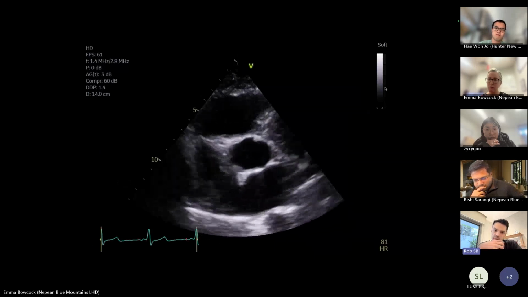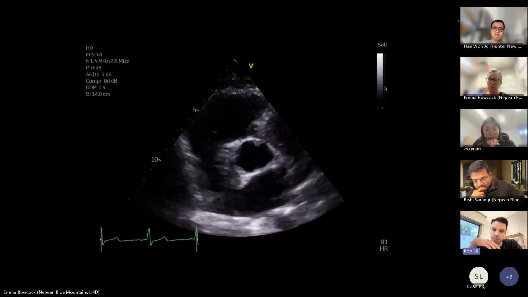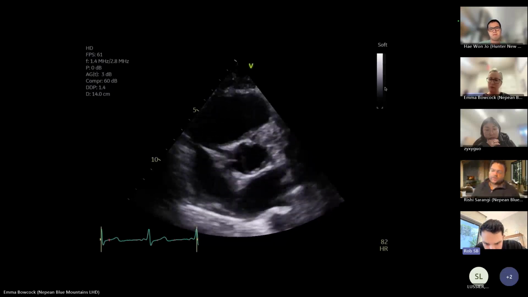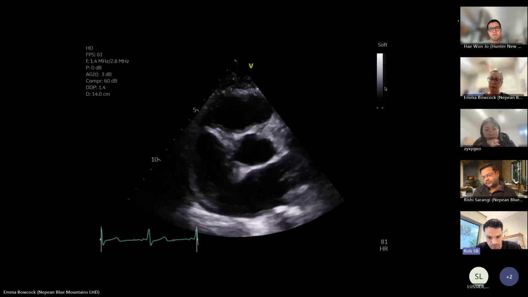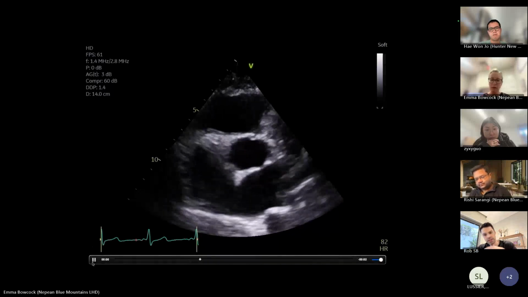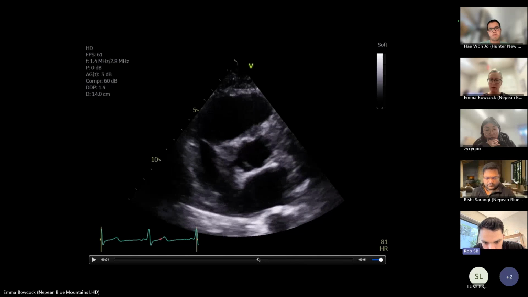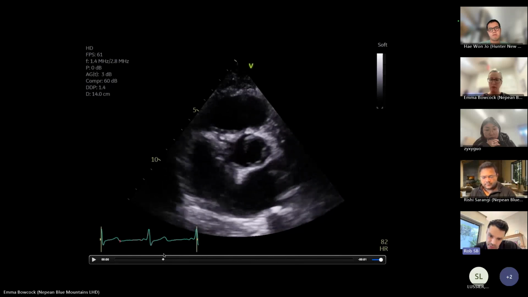Yeah, okay. So I think we've confirmed that the patient has a bicuspid aortic valve. The opening shape is not typical for a normal trileaflet valve. So just interrogating that further. It looks like a true bicuspid when you slow it down.